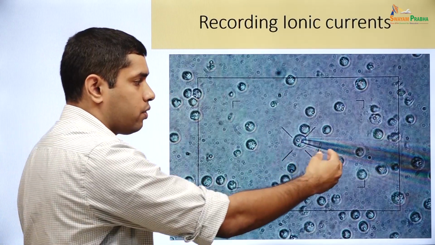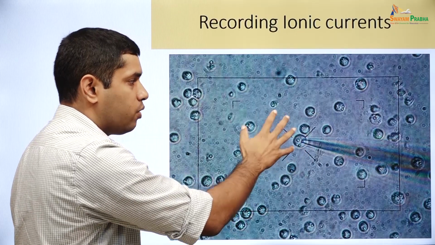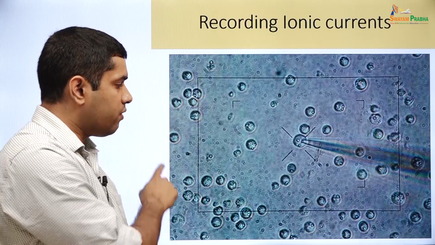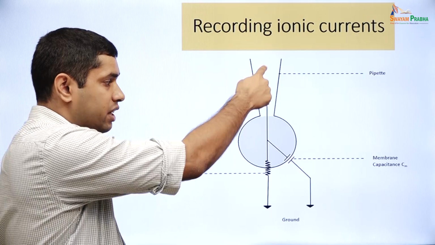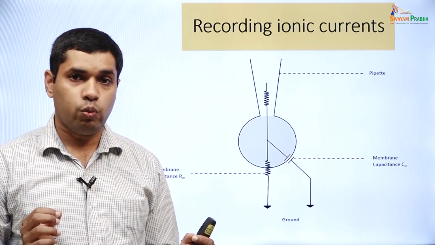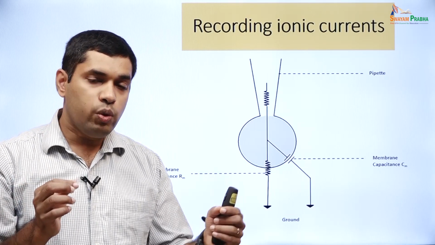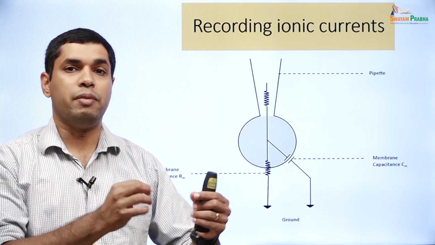So we now have the intracellular fluid inside the pipette and inside the cell, and the extracellular fluid outside the cell. We have an electrode that is outside the cell, and an electrode that is within the cell. With the help of electronics, it is now possible to apply a voltage between these two electrodes, and therefore we are applying a voltage across the membrane.